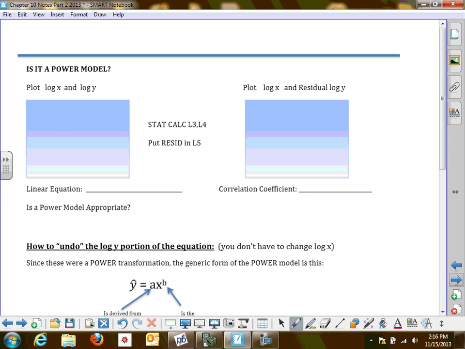The next thing is the power model. In the power model, we're going to use the log of x's. Now, where are your log of x's located? Good. They are located in your L3. We're going to be using the log of y's, and they are located in your L4.